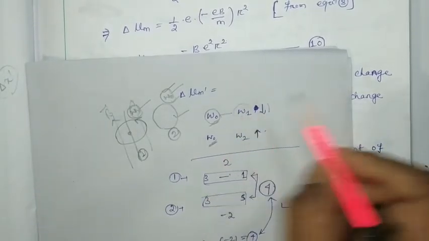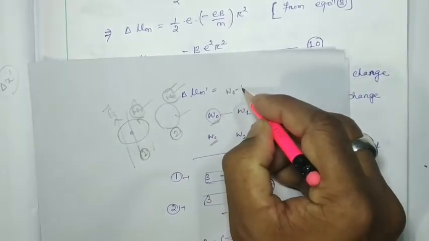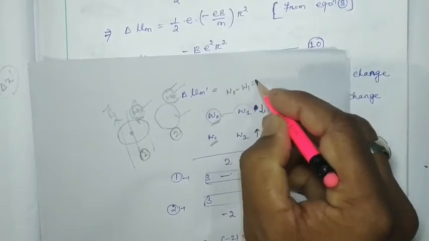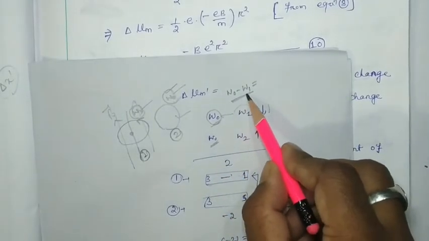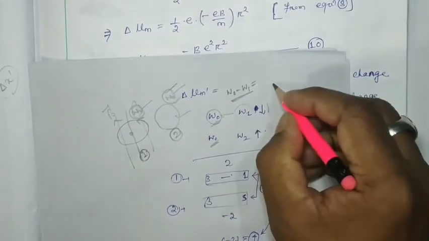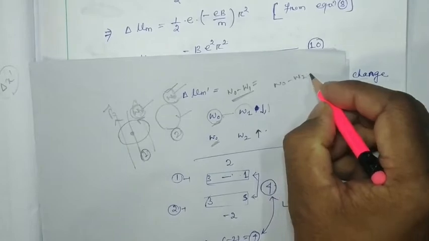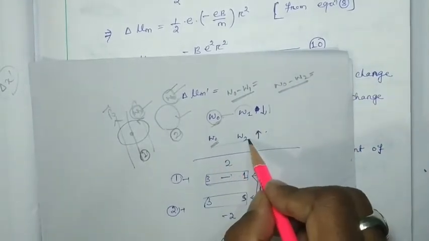Omega 0 minus omega 1 will be the change of angular velocity of the first electron. Likewise, omega 0 minus omega 2 will be the change of angular velocity of the second electron, right?